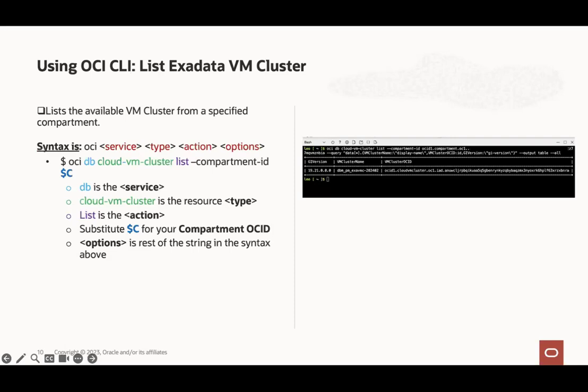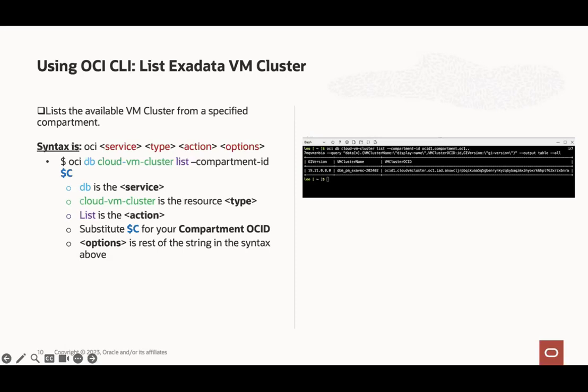It's oci db, where db is the service, as I've shown you a while ago, and then the resource type is cloud-vm-cluster, and then you have an action of list. And since we wanted to list all the VM clusters available from a specified compartment, you can use the argument option of --compartment-id, and you just need to provide the compartment OCID.